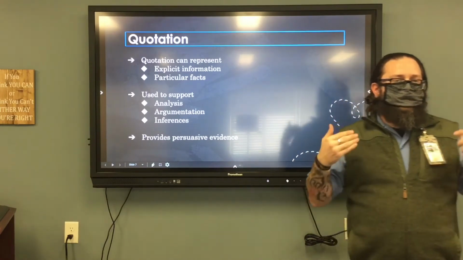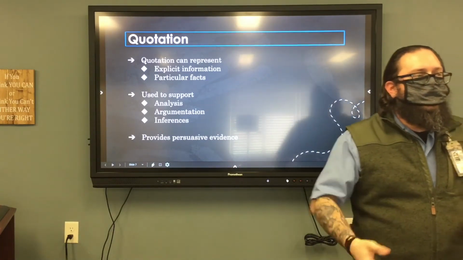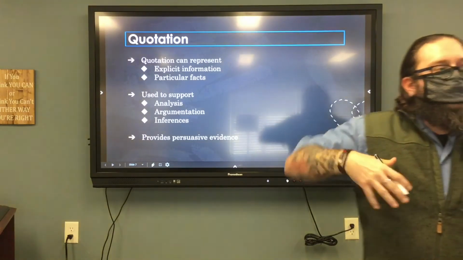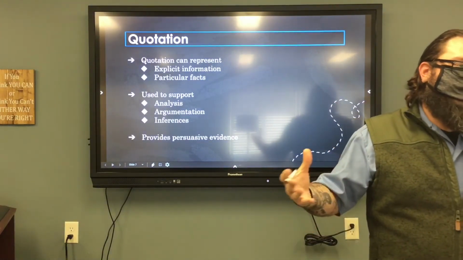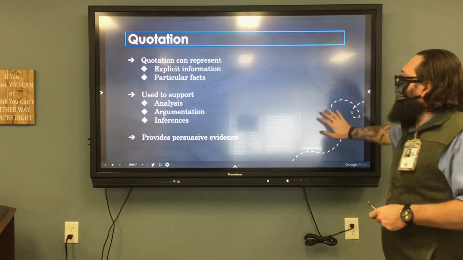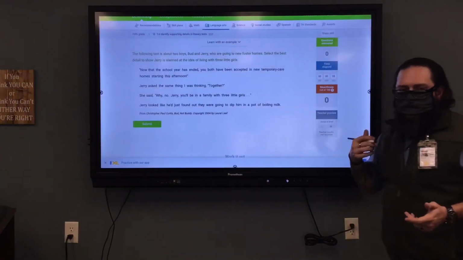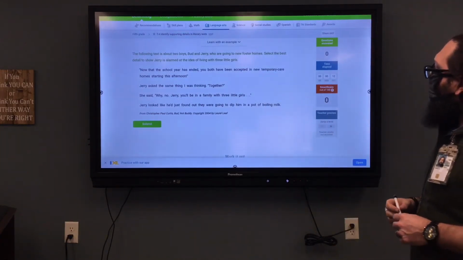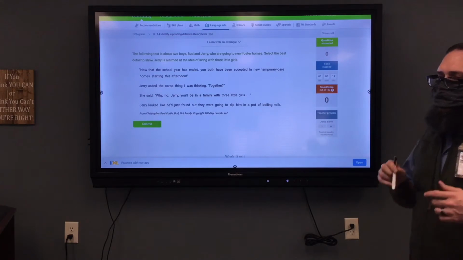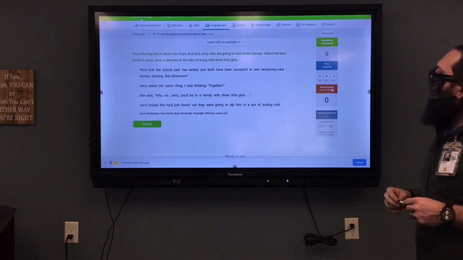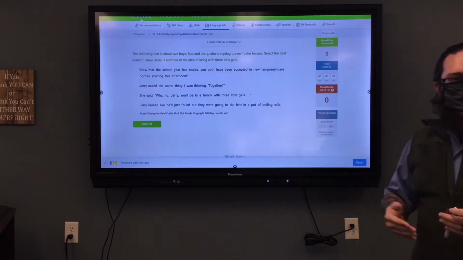So if we have a particular thought or idea, we can use this evidence to help persuade people to see our point of view and maybe even agree with our point of view. So let's work through a couple of examples on IXL and see if we can identify details quoted from the text to support the stated inference.